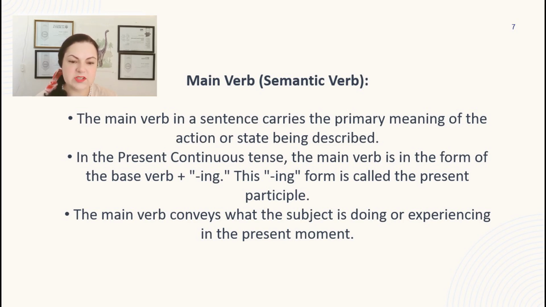In the present continuous tense, the main verb is in the form of the base verb plus ing. This ing form is called the present participle. The main verb conveys what the subject is doing or experiencing in the present moment.